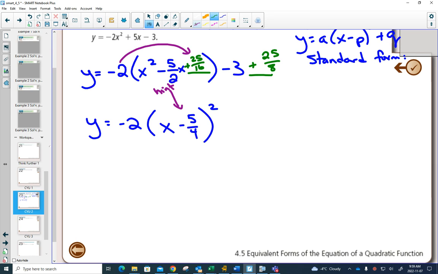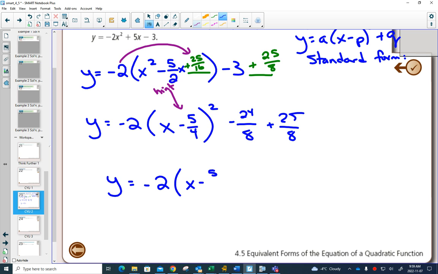Now, how do you add fractions? We're going to need a common denominator, so I'm going to change my minus 3 to minus 24 over 8 plus 25 over 8. And now we've changed it to standard form.